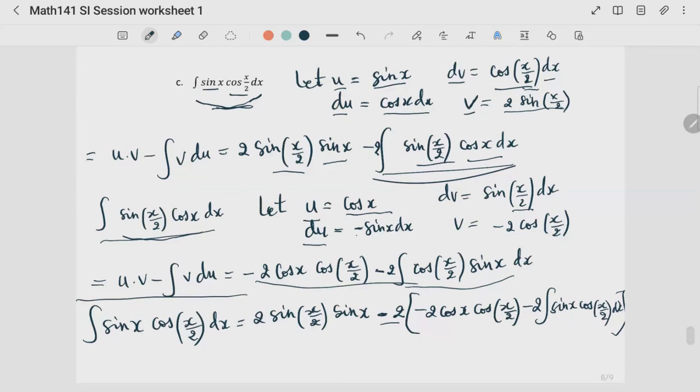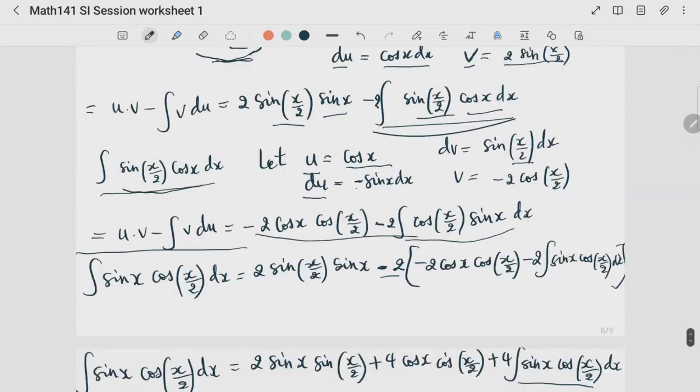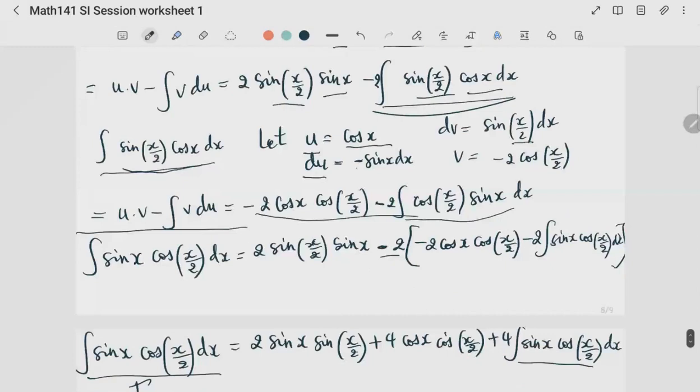Then using the formula again, we have now negative 2 cos x times cos x over 2 minus 2 times the integral of cos x over 2 times sine x dx. At this point, you can notice that this expression is the same as the original function that we had.